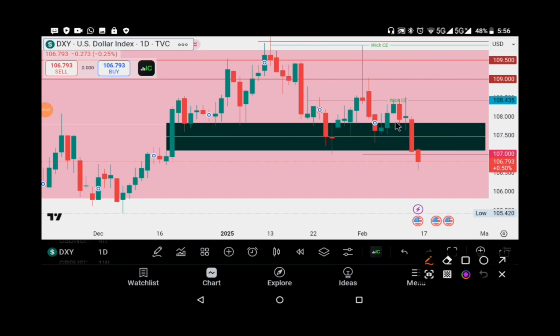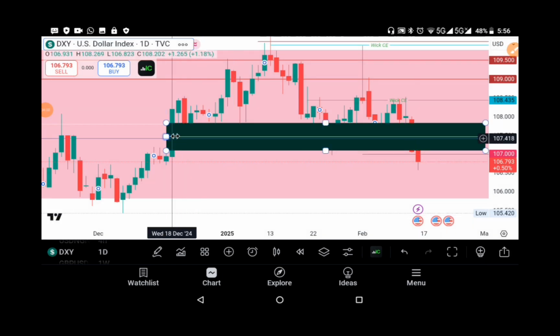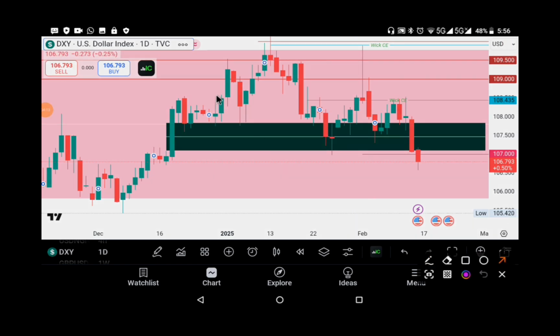Since the market price has dropped, if I thought the market wants to go up, it should respect the consequent encroachment, then continue lower, because this FVG was once a sell side inefficiency. It only had a buy side movement, and now the sell side movement has been completed. So the market price has seen both the buy side and the sell side of this FVG.